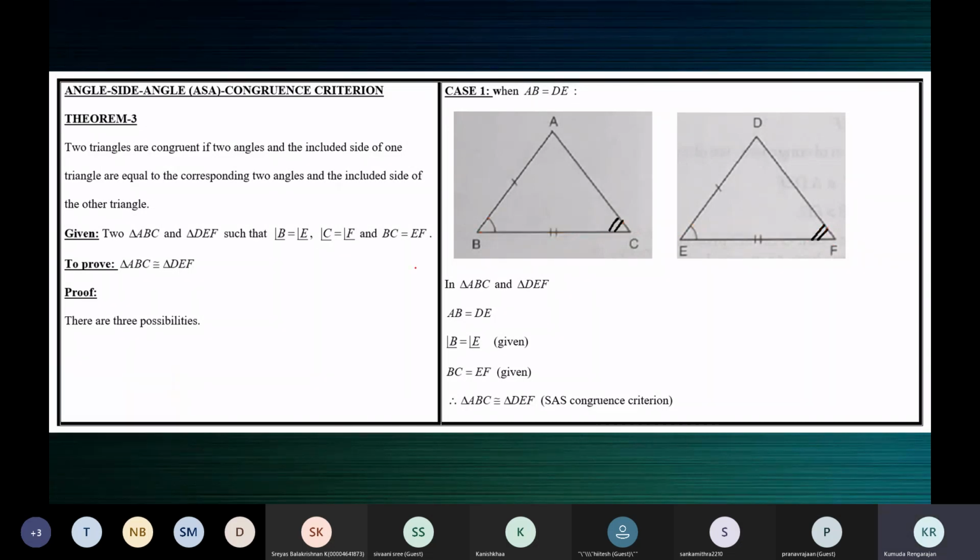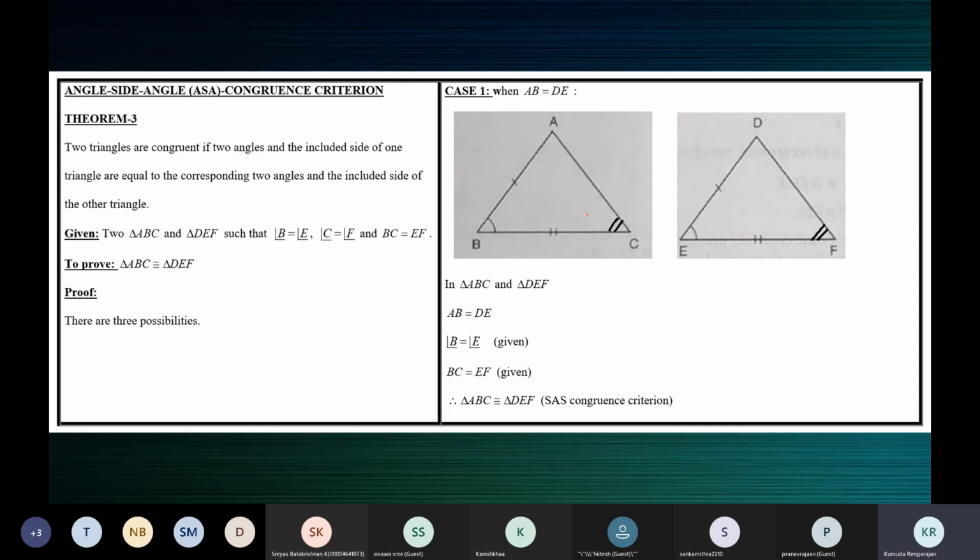That is, if two angles and the included side of one triangle are equal to the corresponding two angles and the included side of the other triangle, then the triangles are congruent to each other, is what we have to prove. So we're going to validate the ASA congruence criterion using SAS.